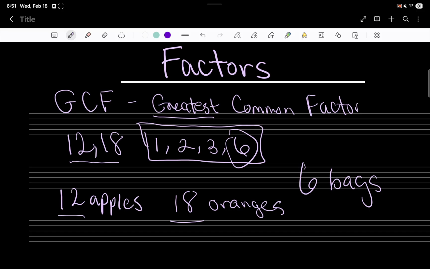It's really about finding an equal amount. You can use the greatest common factor to distribute or pack gift bags evenly. There's so many great ways to use this. Math isn't just random. It really helps us organize and plan our life in the real world. That's where factors and the greatest common factors show up when we're grouping.